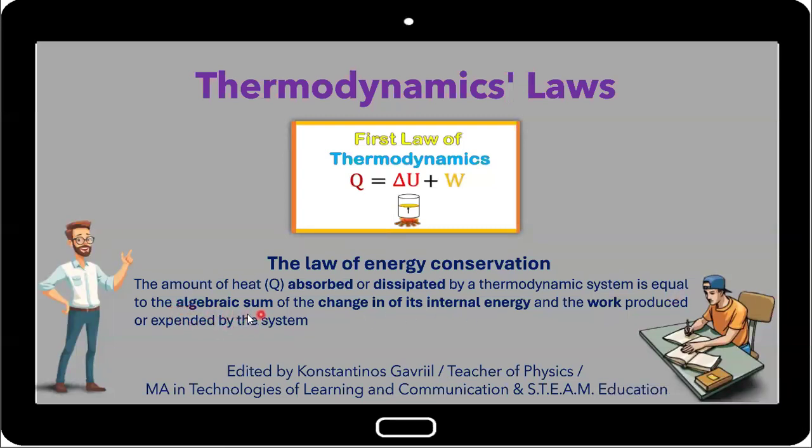Be careful, not the sum, the algebraic sum, because we may change the signs to this formula here. So it is the algebraic sum of the change of the internal energy, delta U, and the work that is produced or expended by the system, W.